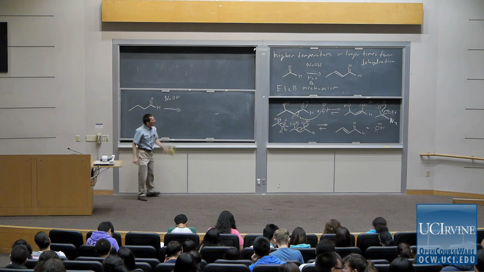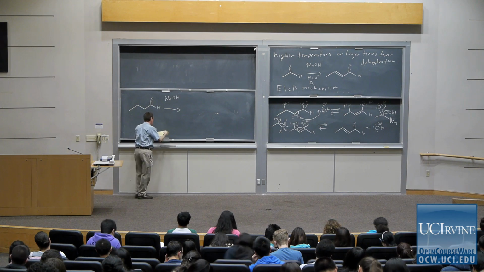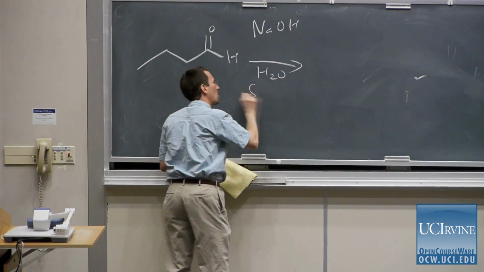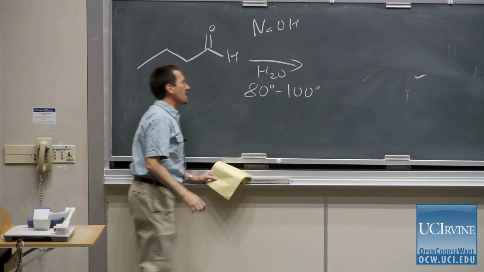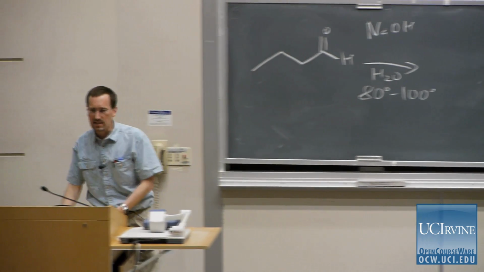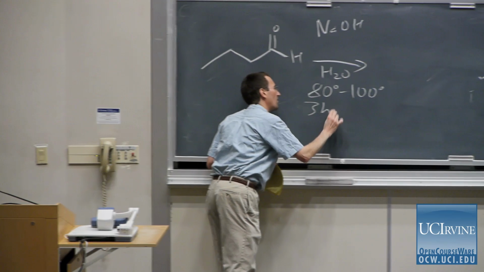The acetaldehyde example, in the end, because of some reactivity, isn't the best example as far as yield and principles of reaction go. But I want to give you a very specific example. Let's take butyraldehyde, sodium hydroxide at 80 to 100 degrees Celsius. And this is a real example from the laboratory.